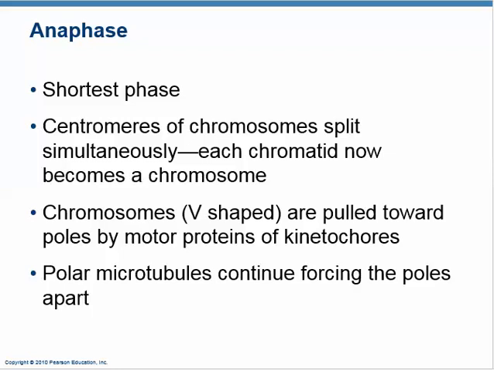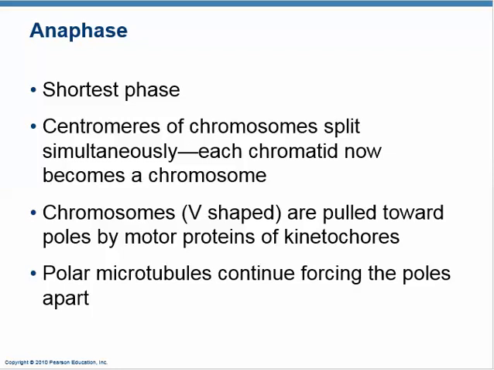Ana means apart. So this is a very short little phase where the chromosomes, which have the two strands of chromatin, so the replicated DNA is still packaged together, and it's joined together at a button in the center called the centromere.